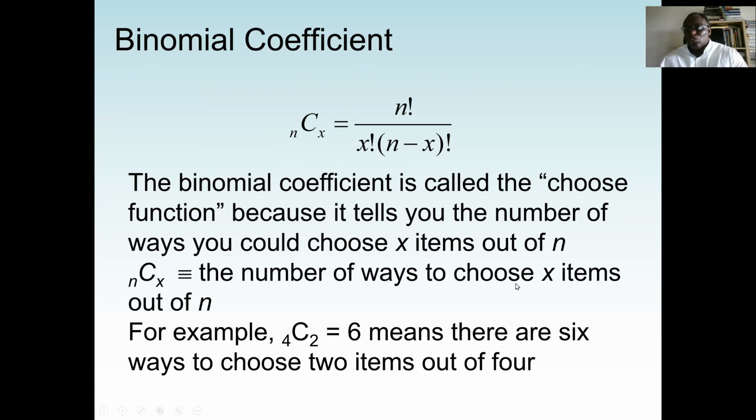So the number of ways to choose x items out of n is the same as the number of ways to combine x items out of n. For example, C of 4 and 2 is 6, which means we can do 6 different combinations, or 6 ways, to choose 2 items out of 4.